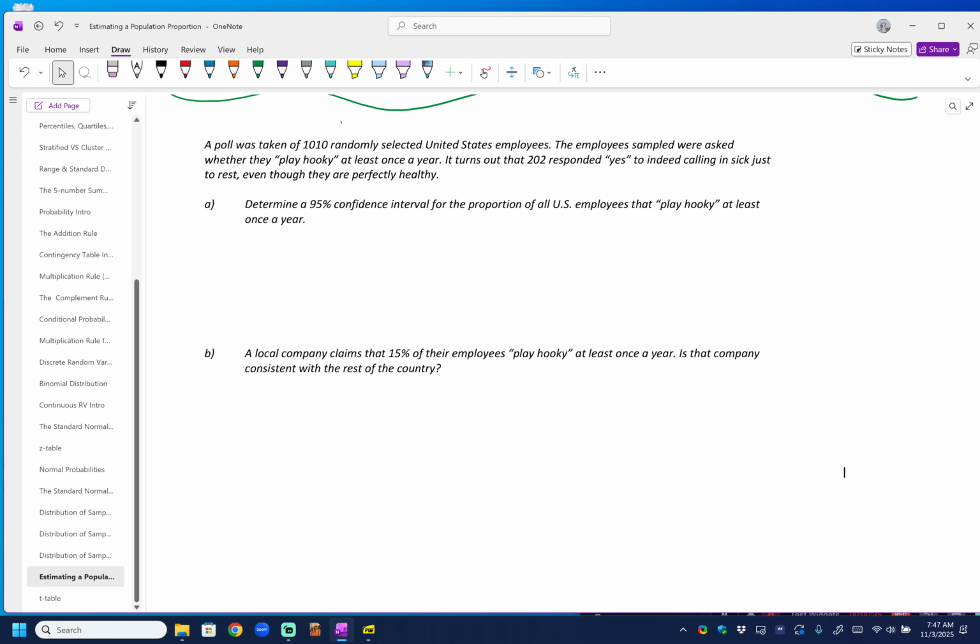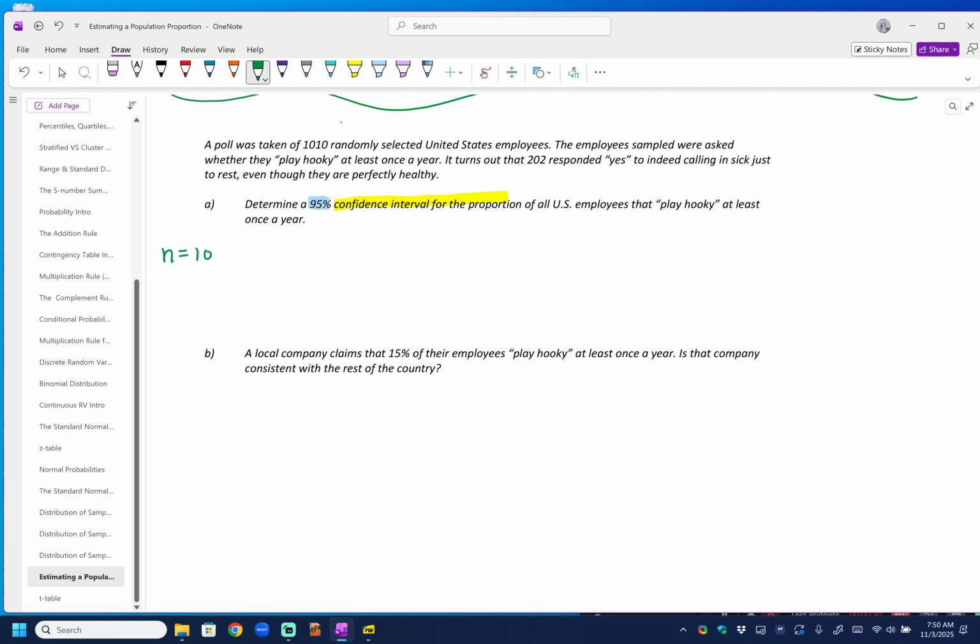Once you see that this is a proportion confidence interval being requested, ideally you want to get in the mindset that you're going to be looking for three things: the sample size n, the sample proportion p hat, and the confidence level. The confidence level sticks out right away at 95%, and we have 1010 as our sample size, clearly right here.